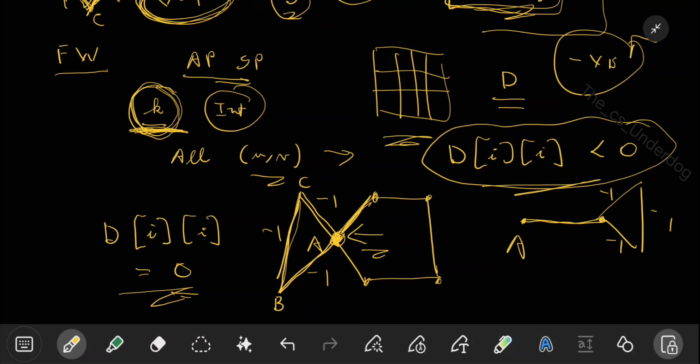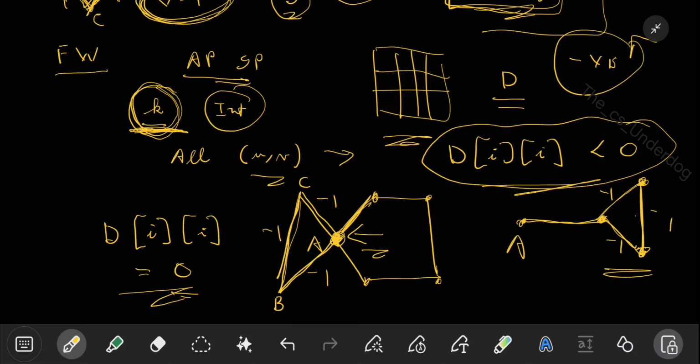But if there is a negative weight cycle in the graph, at least one vertex of that graph has to be part of the negative weight cycle. This is for sure. That is, if your graph has a negative weight cycle, there should be at least one vertex in the graph which is part of the cycle, not just reachable from that vertex. That at least one vertex will be there which is part of this cycle.